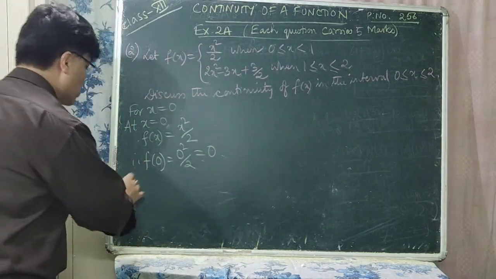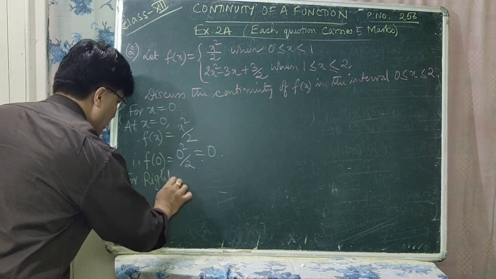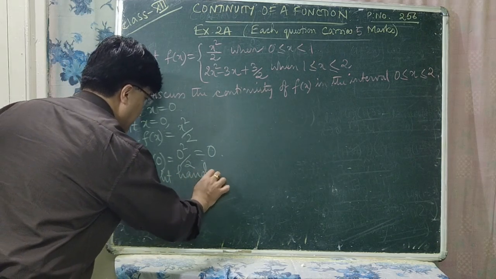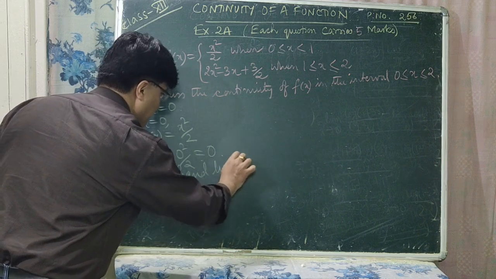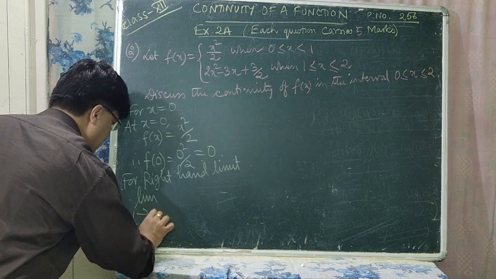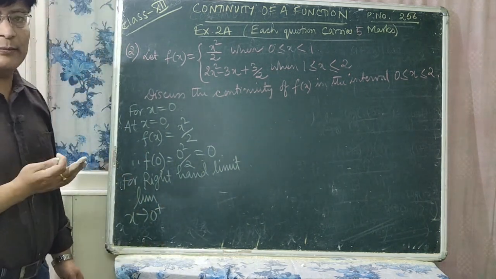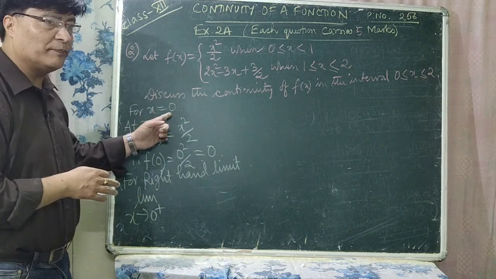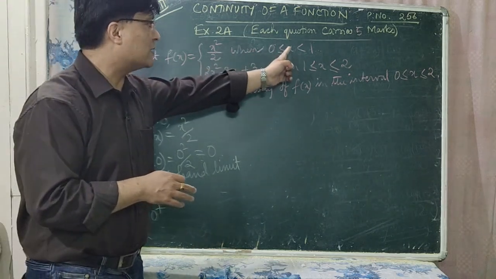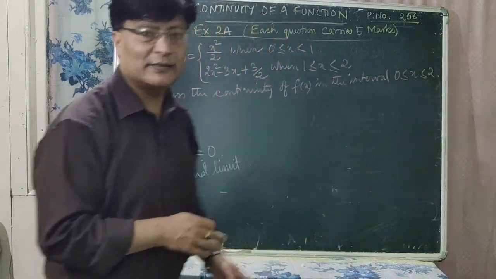So in this case we can write for right hand limit, limit x tends to 0 plus. We should get only right hand limit at x is equal to 0 because it is given that x is greater than 0.